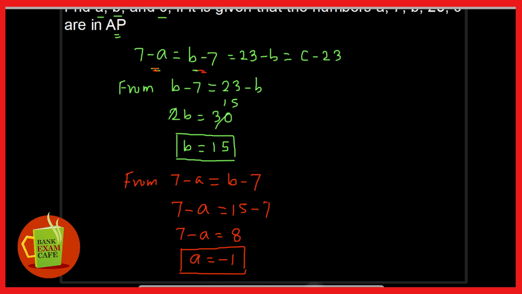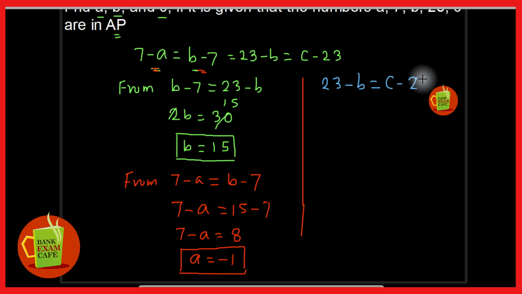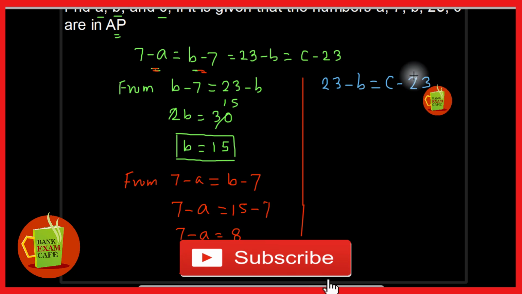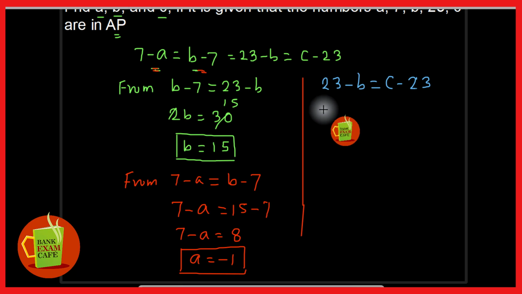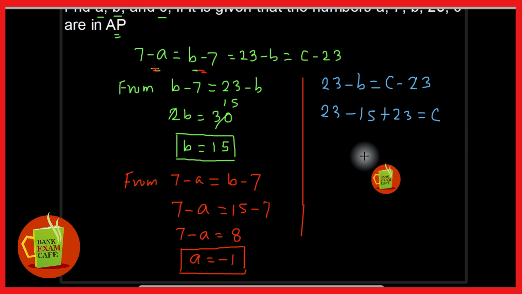If you take 23 to this side and put the value of B as 15, it will be 23 minus 15 plus 23, which is equal to C. If you solve this, you get C is equal to 31.